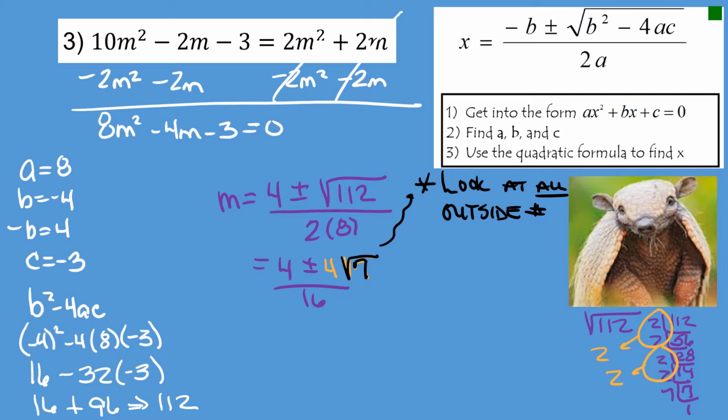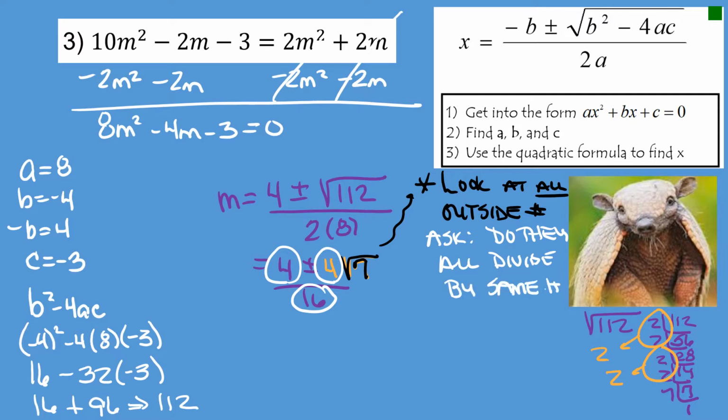It's inside the radical. So the outside numbers, I wish I had a highlighter, are 4, 4, and 16. And you need to ask, this is the question you're going to ask, do they all divide by the same number?